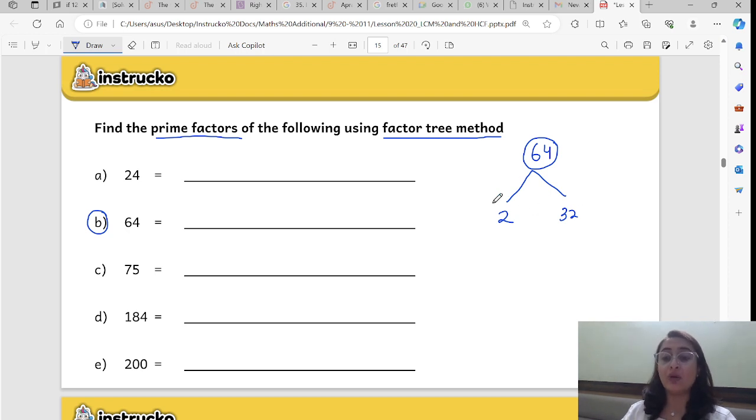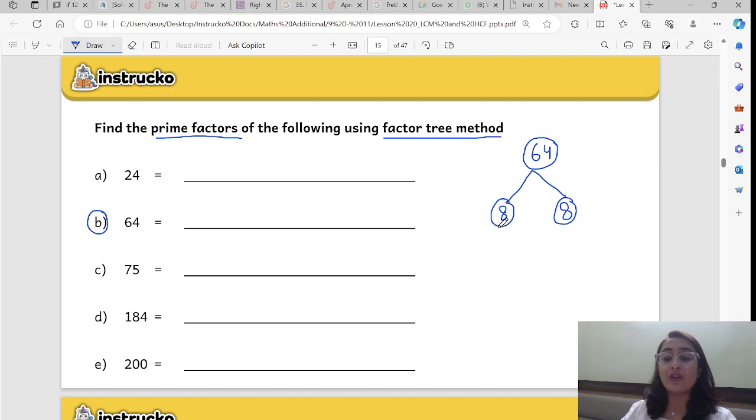So basically you have to write any two factors of 64 which, when multiplied together, will give the above number. For reducing the steps, I will break 64 into its highest factors, which is 8 multiplied by 8. As you see, when we multiply 8 with 8, it gives me 64.